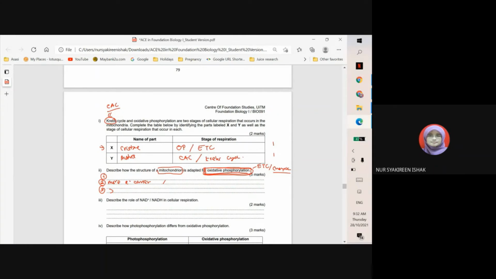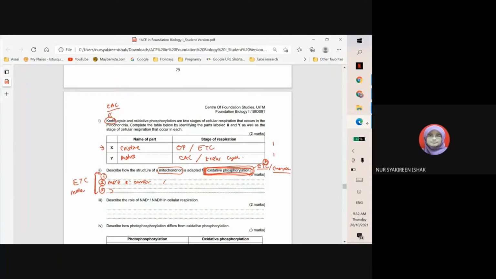Itu kalau kita cerita pasal inner membrane lah kan. Inner membrane untuk tempat berlakunya ETC, electron transport chain. So oxidative phosphorylation, first component dia ada ETC, kita dah describe by inner membrane tu.